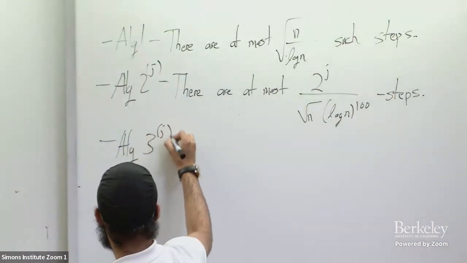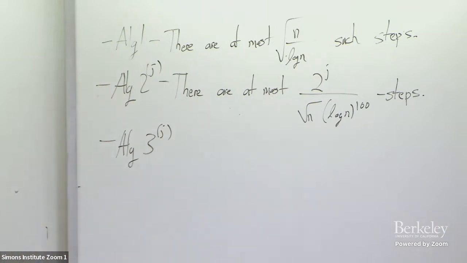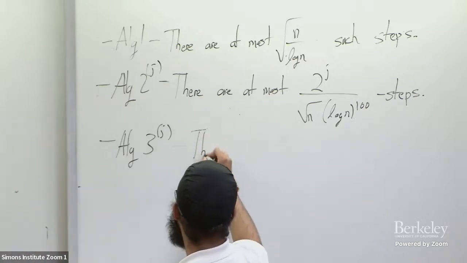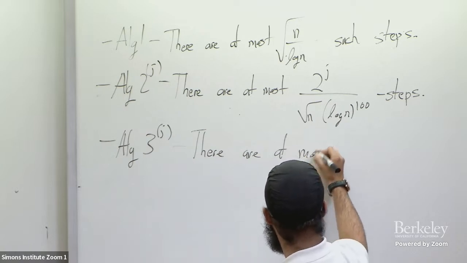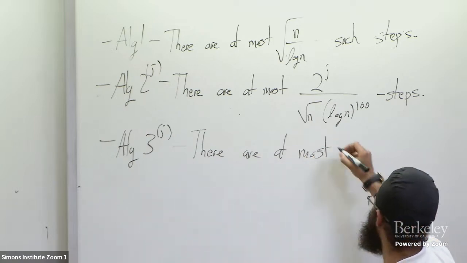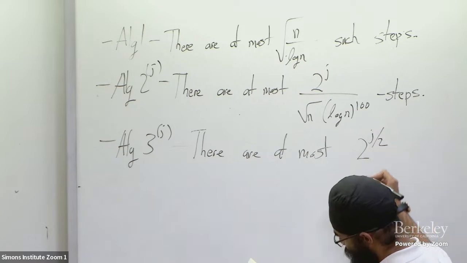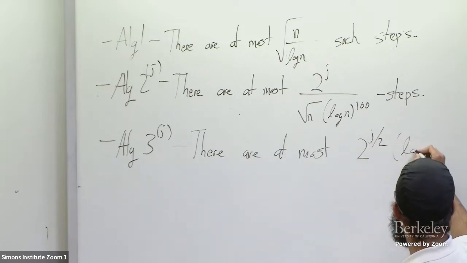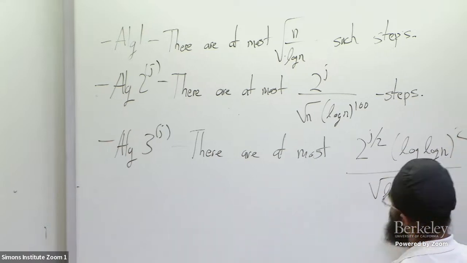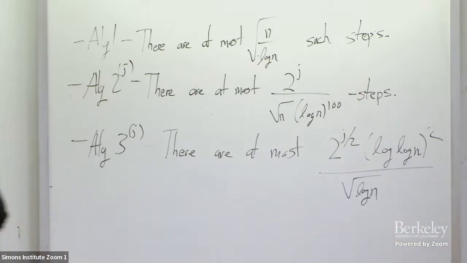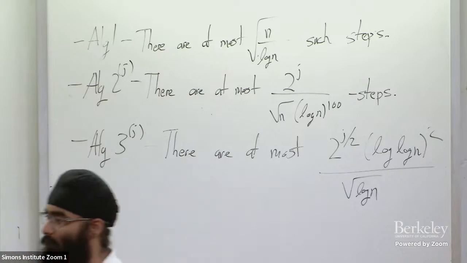Of 3j. Okay. Now it's helpful that I at least have this written here. So there are at most 2 to the j over 2 times log n squared over square root log n steps. Once again, these 2 facts are just because every time you apply this step, you know that the measure goes up by so much, and we're just trying to get to 2 epsilon.